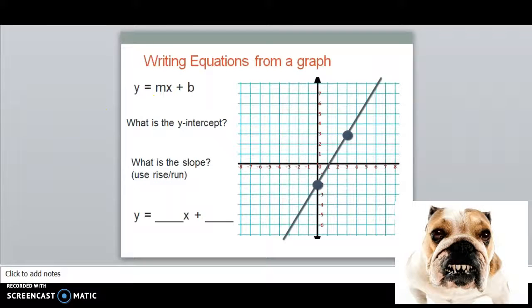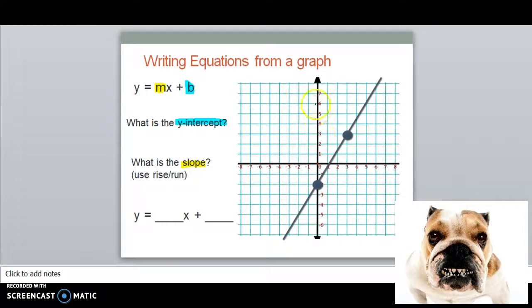So again, looking at our first example, M is our slope, B is our y-intercept. So looking at this line, I can see that my line is crossing my y-axis at -2. So my y-intercept, or my B, is -2.